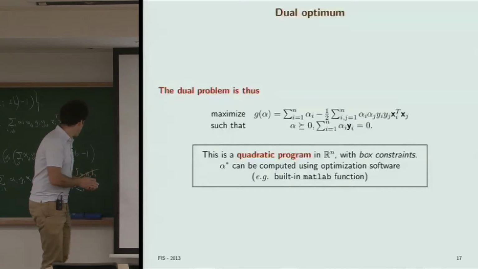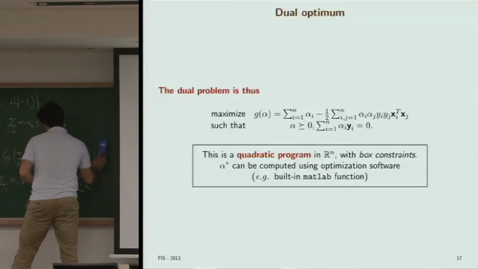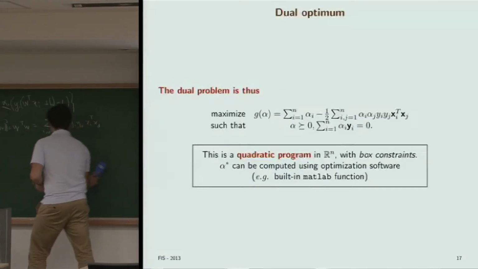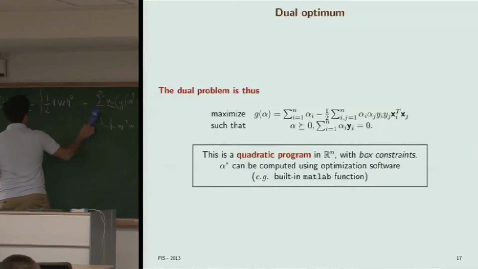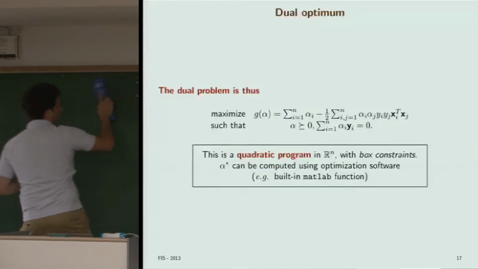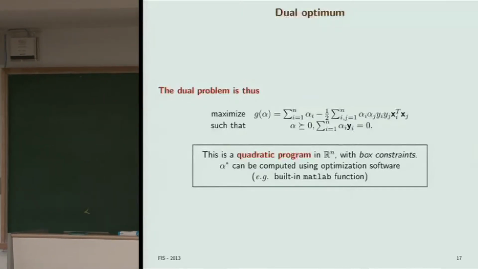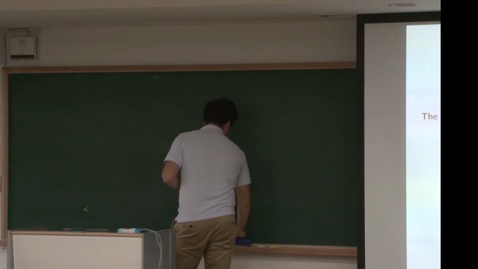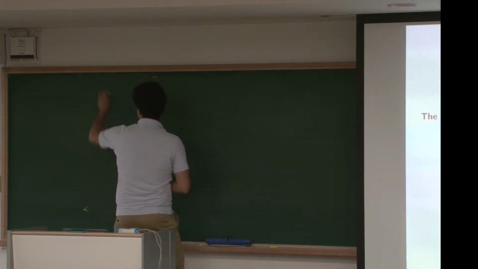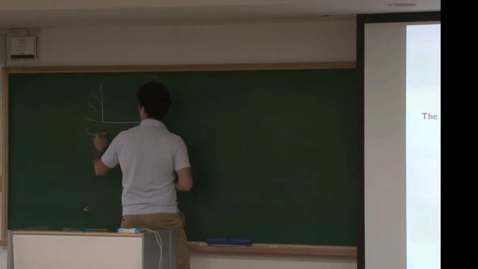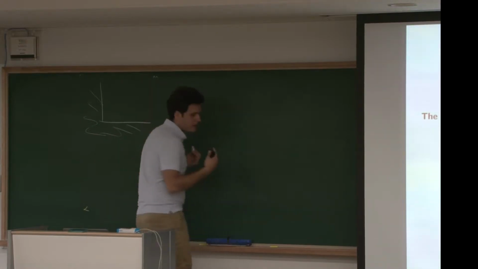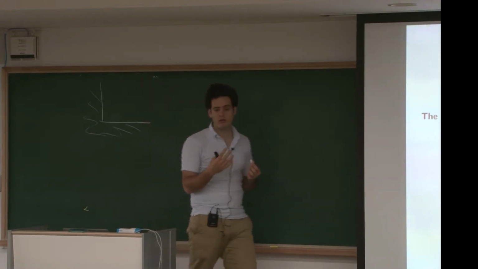Basically it just means that we want the alphas to be in the positive orthant, and then we want them to be orthogonal to a given vector.